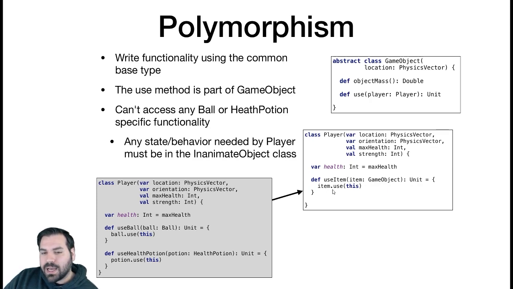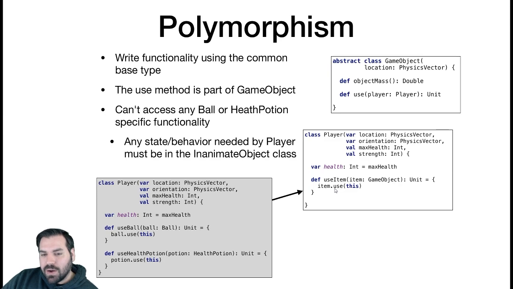And when we call item.use, we'll actually get the use method of the actual type of this game object. So if this is a health potion, this is going to be the health potion class's use method. If this is a dodgeball, we're going to get the dodgeball class's use method implementation. If this is a gravity coil game object, then we're going to get the gravity coil use method defined in that class.